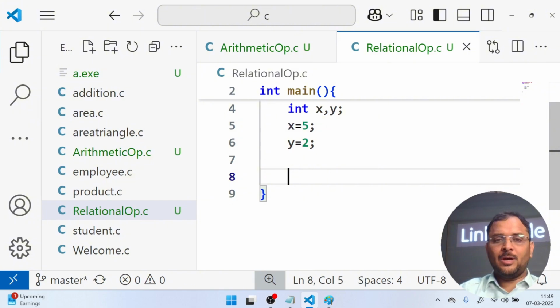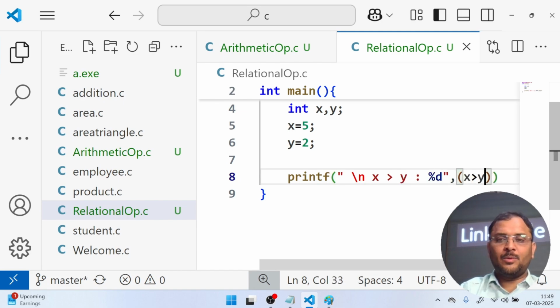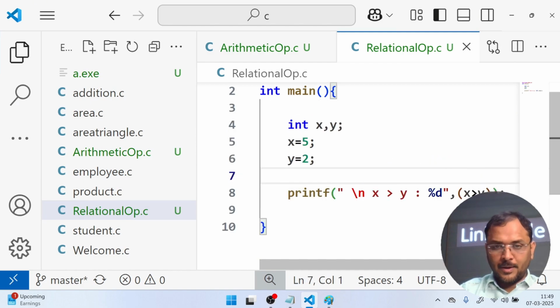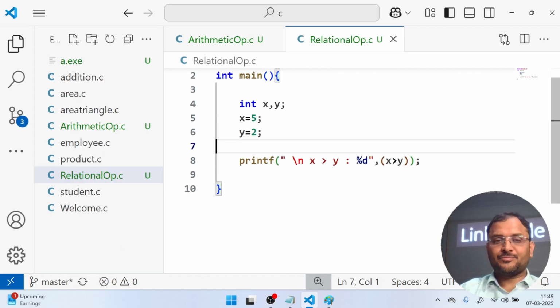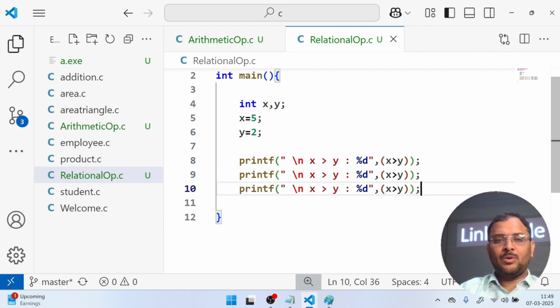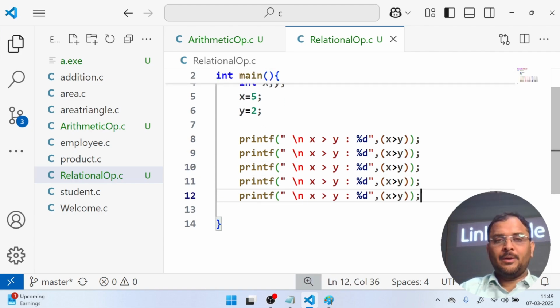Here we'll check now, printf x is greater than y, %d, comma x is greater than y. Then less than y, equal to y, not equal to y, x is greater than or equal to y. Check the output for this. Then x is less than y.